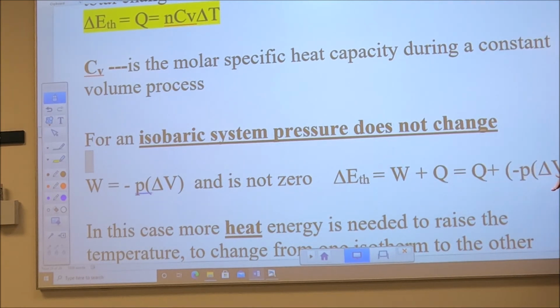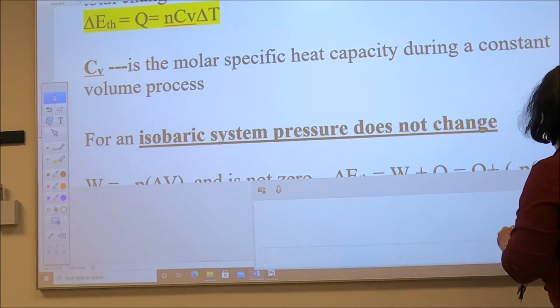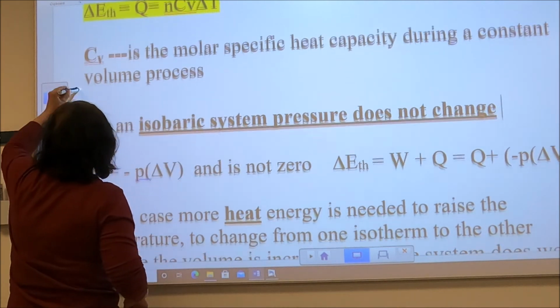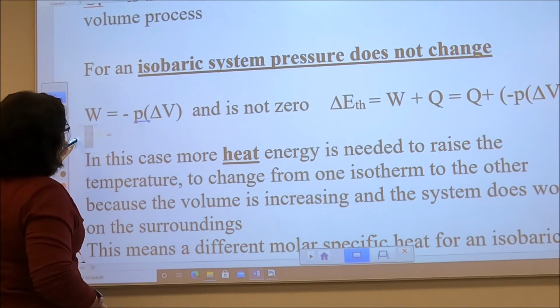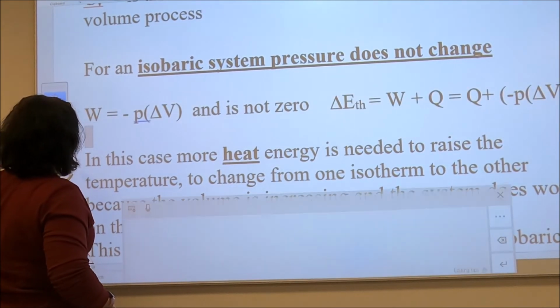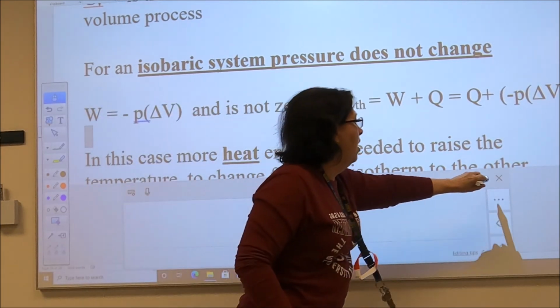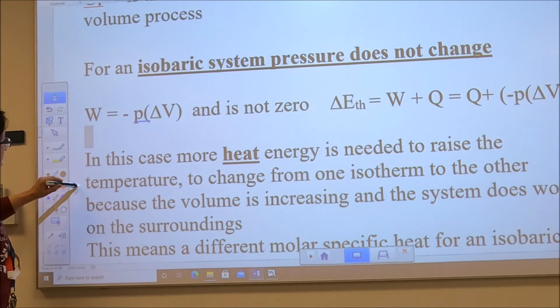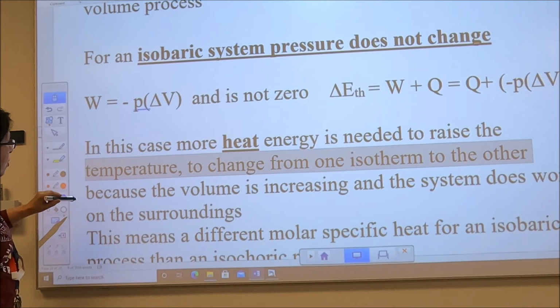Notice it's minus P delta V. So it's actually going to take more energy put in as heat to raise the temperature, to change the thermal energy content of a system that's undergoing an isobaric process as opposed to an isochoric process.